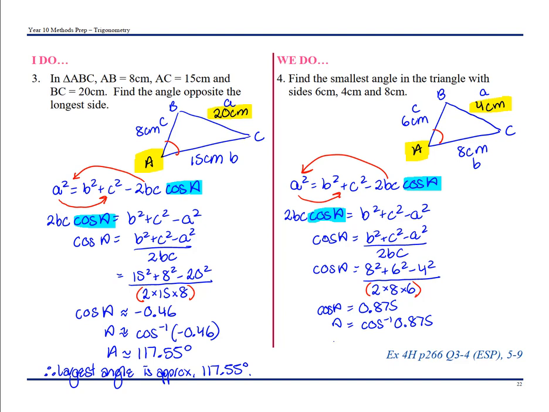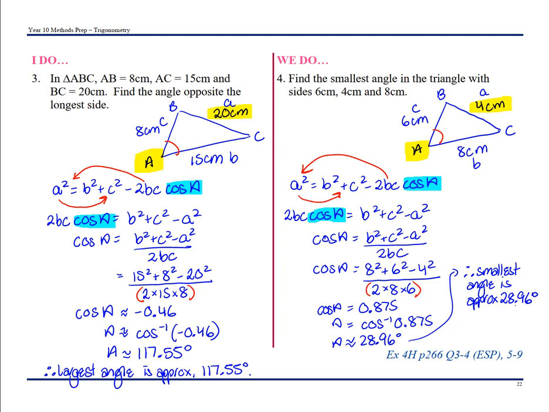And you get A is approximately 28.96 degrees. Therefore, statement: smallest angle is approximately 28.96 degrees. Okay, so now go and complete the exercise.